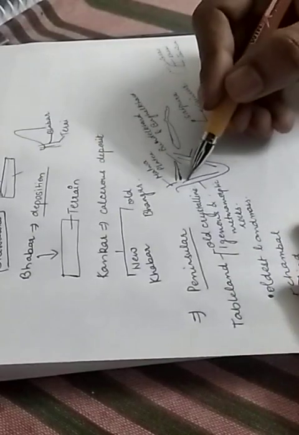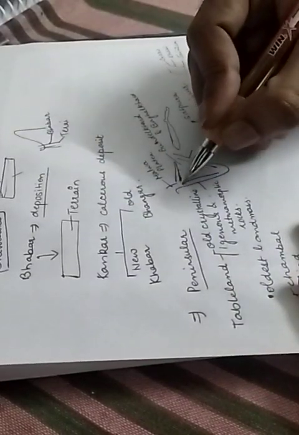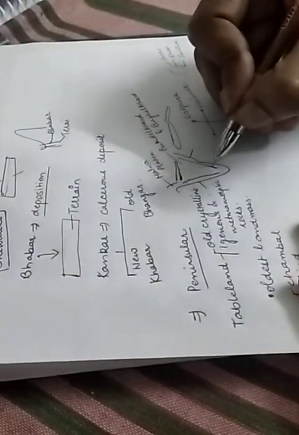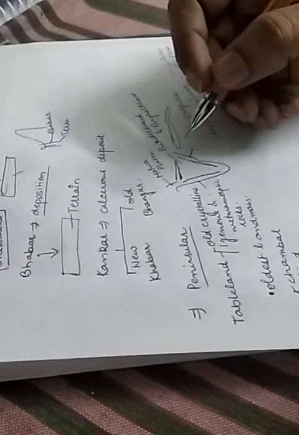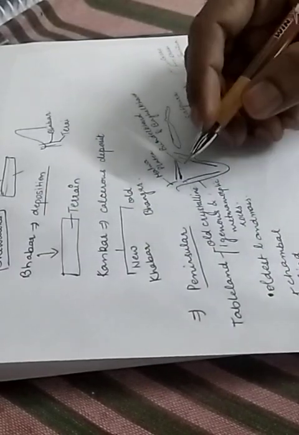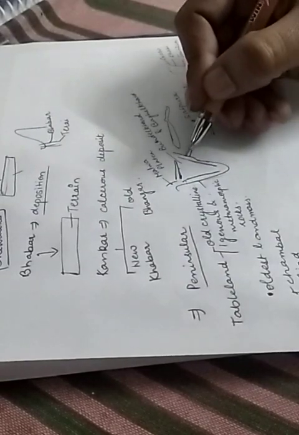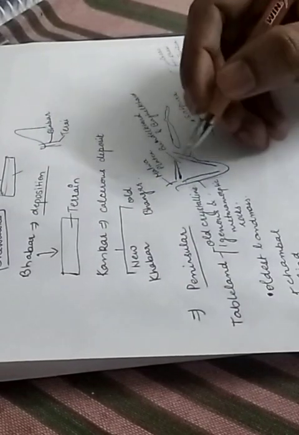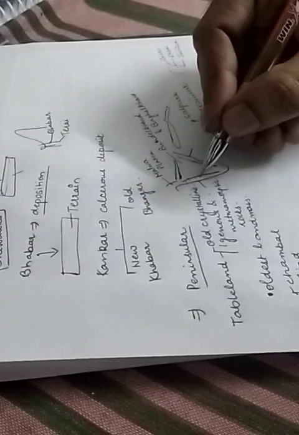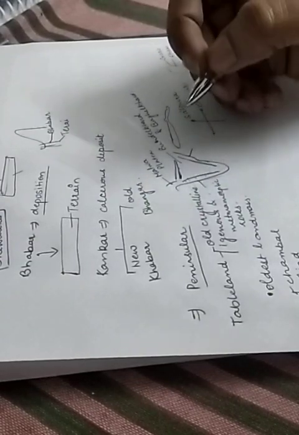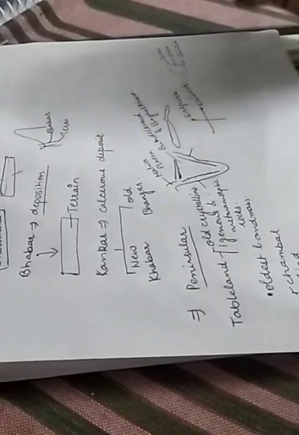Now we will be coming to the next thing: Western Ghats and Eastern Ghats. They run parallel to the western coast and parallel to the eastern coast, and we have passes on the western coast: Thal, Bor and Pal passes.